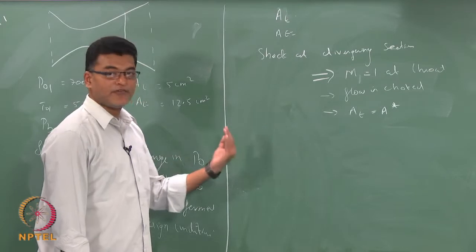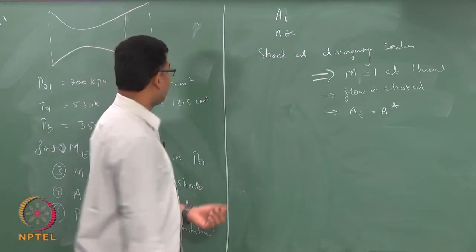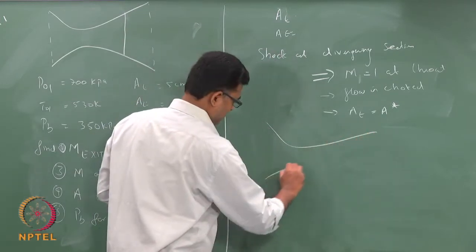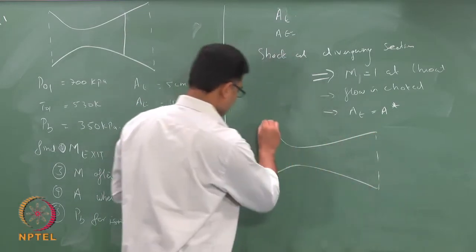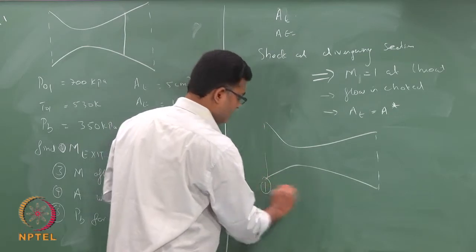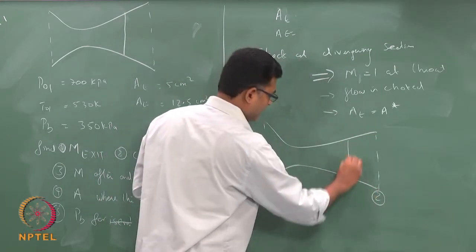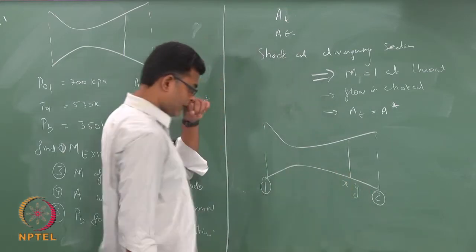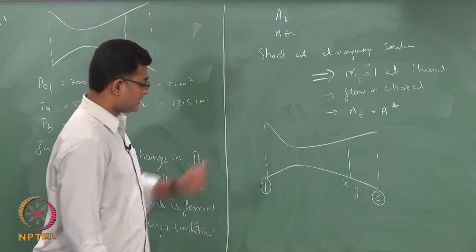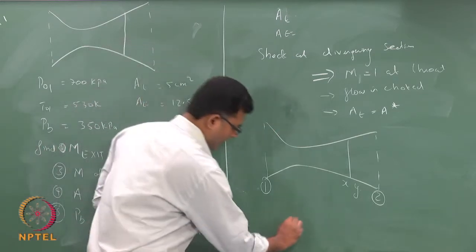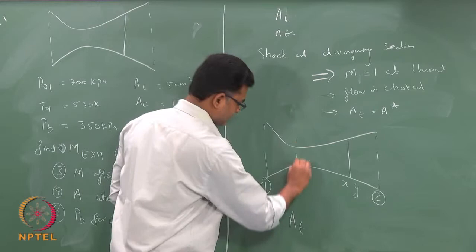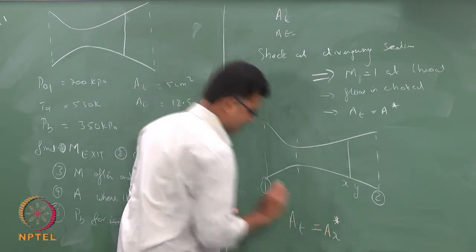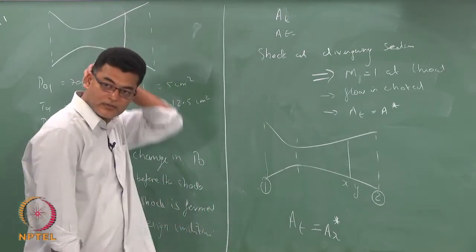Okay, that A star before the shock. So, inlet is 1, exit is 2, I have a shock somewhere here, I call that X and Y. If this statement is true, I could say A throat is my Ax star.